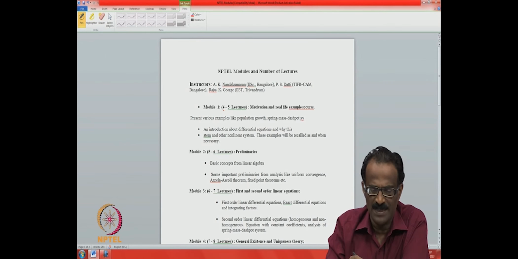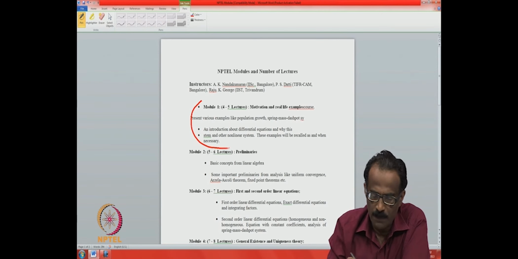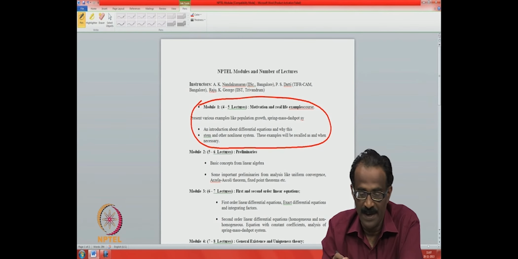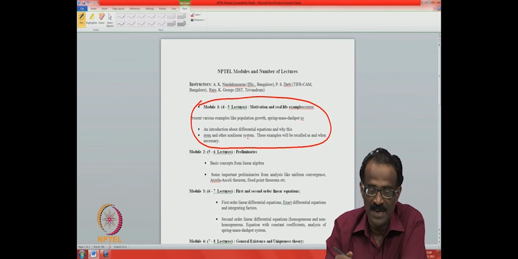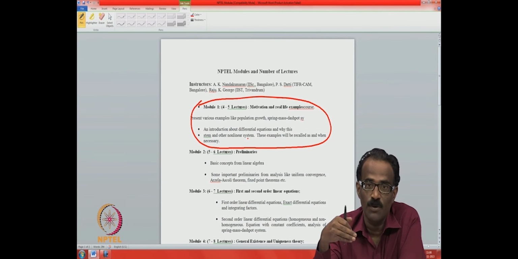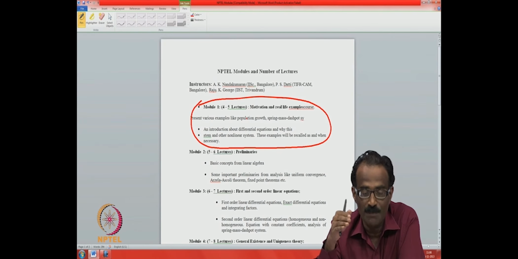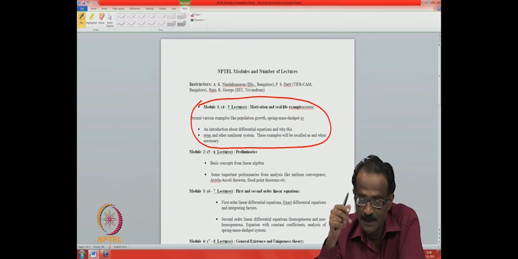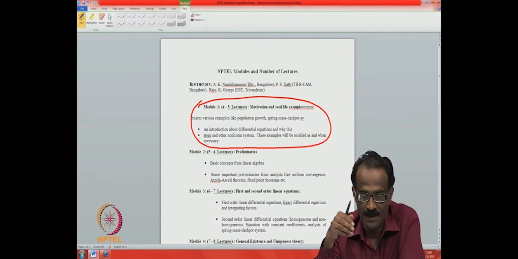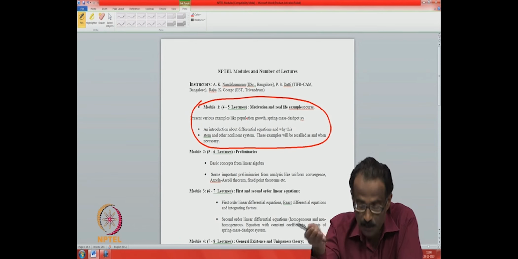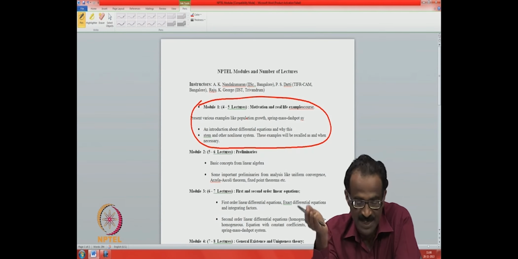We may spend probably 4 lectures in module 1, where after this lecture I may spend around 3 more lectures, I am not sure. We will give you some real life examples, like population growth and some non-linear systems, maybe a satellite example.